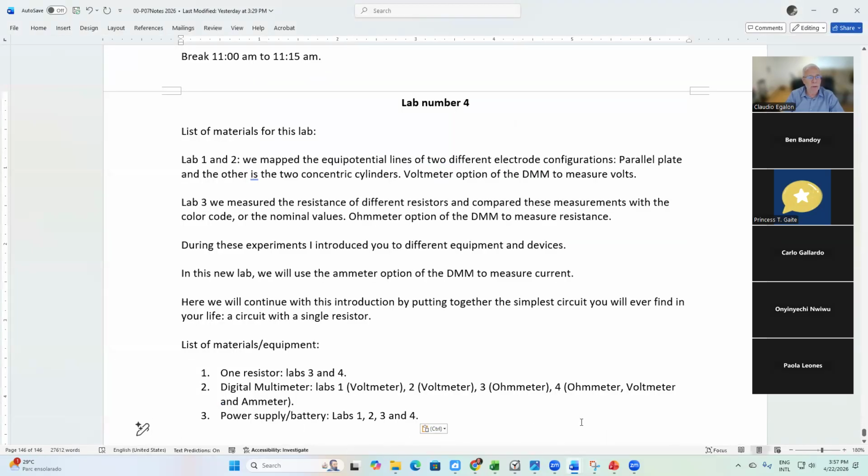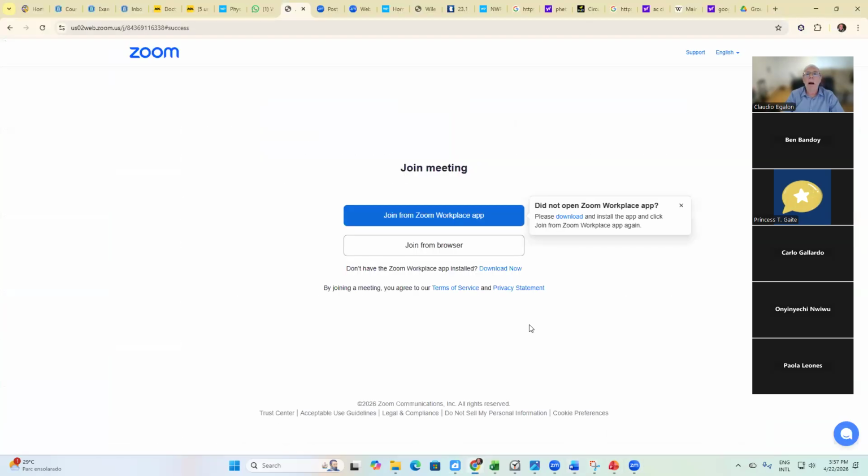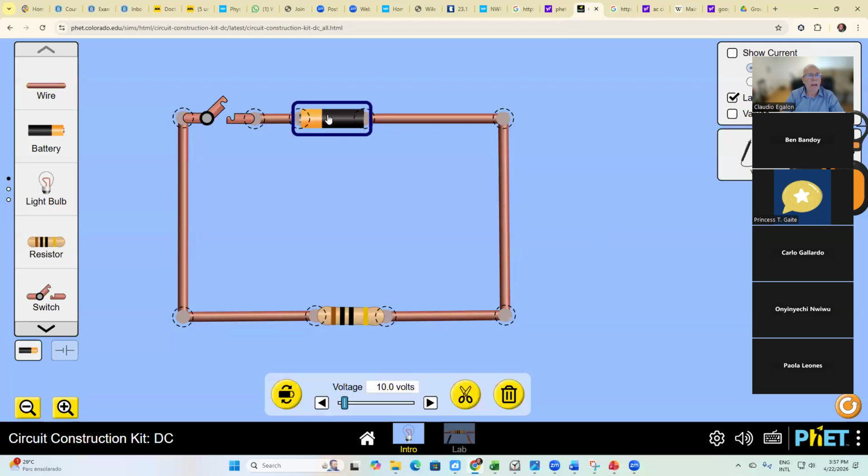So power supply, lab 1, 2, 3, and 4. This is my battery. The power supply is the battery here in the simulation of the circuit. The battery provides the power.